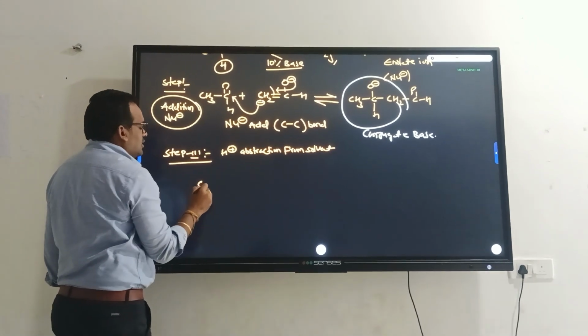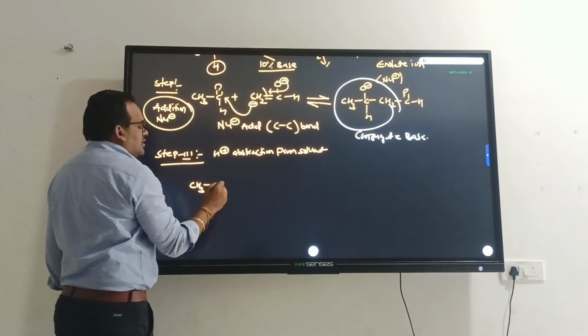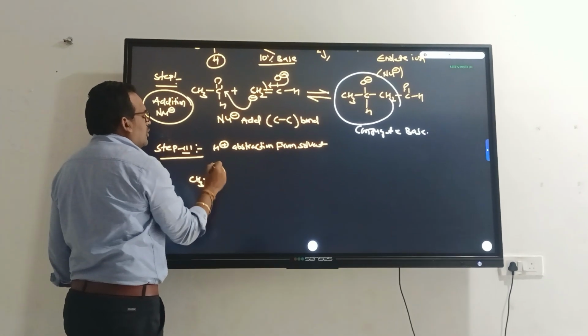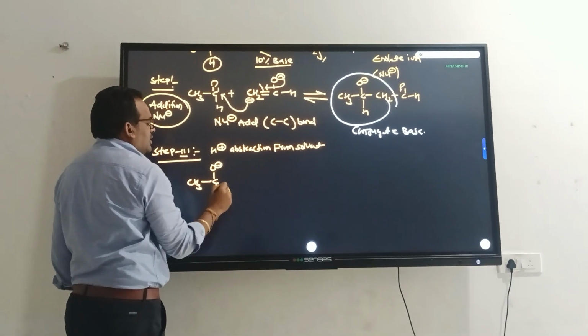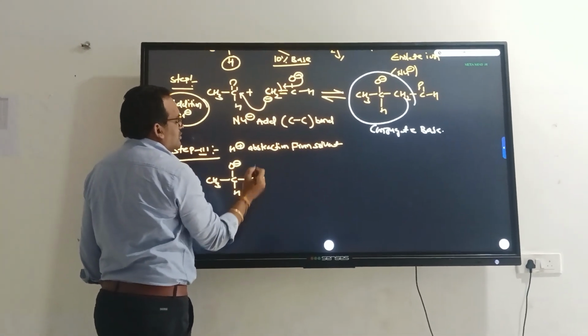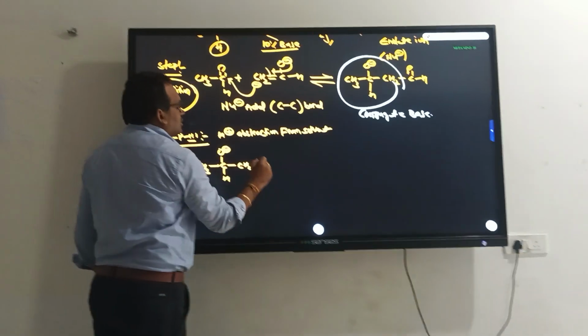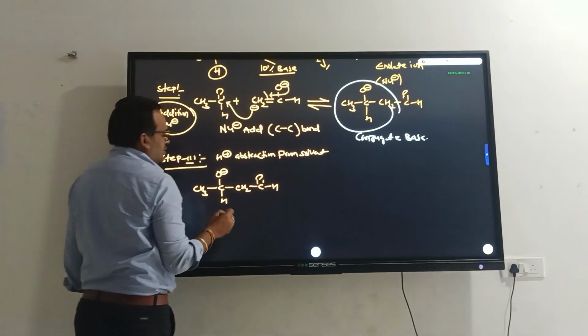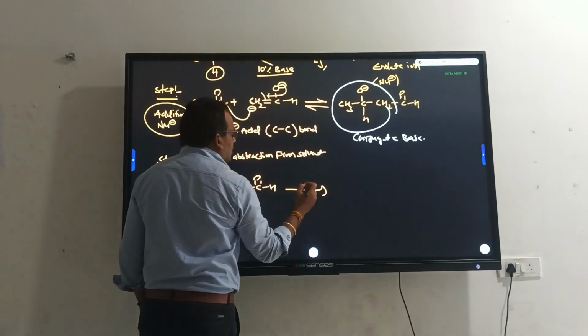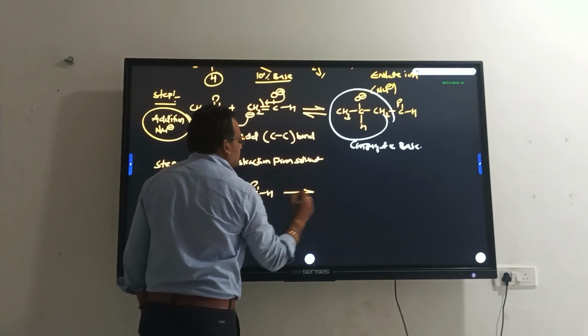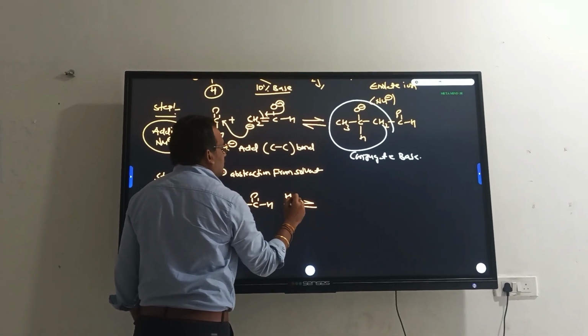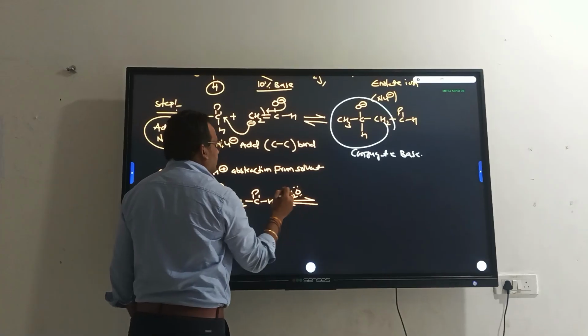In this case, CH3 C O minus, and here H, and CH2 C double bond OH. This one will attract the proton from H2O.